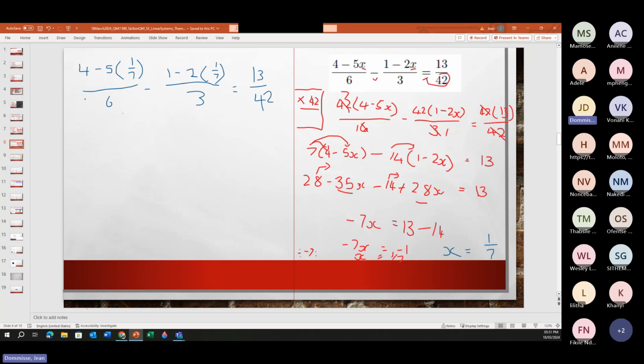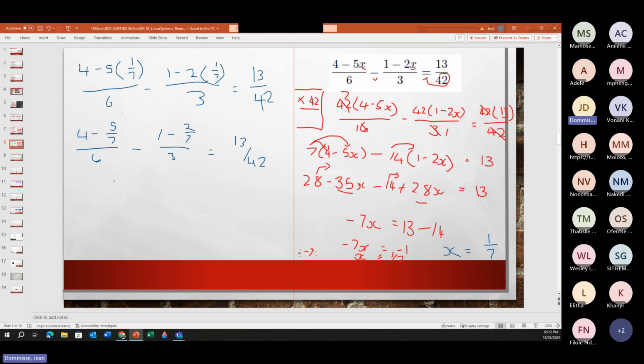So that is 4 minus 5/7 divided by 6, minus, and then 1 minus 2/7 divided by 3, which is equal to 13/42.